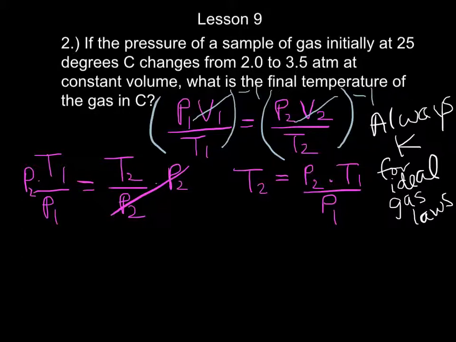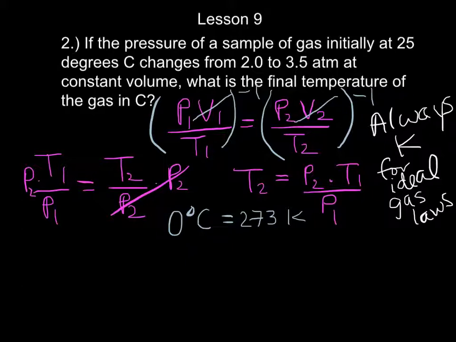So that means we need to convert 25 degrees Celsius into Kelvin. And remember that absolute zero is negative 273 Celsius. So 0 degrees Celsius, we'll just write this out, is equal to 273 Kelvin.